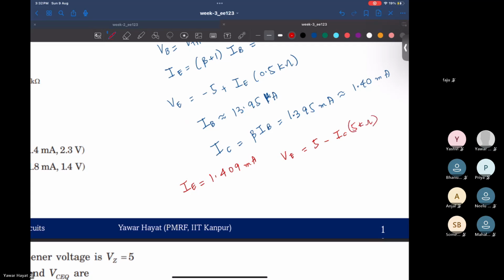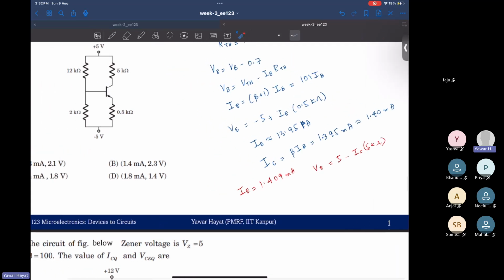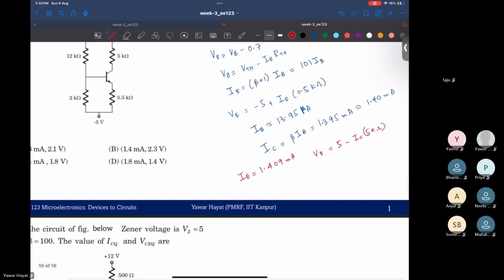Interested in this one, VC. So that's why I'm trying to express it in terms of that. So now this one is VE, sorry. VE would be minus 5 plus 1.409 milliamps times 0.4 kilo.